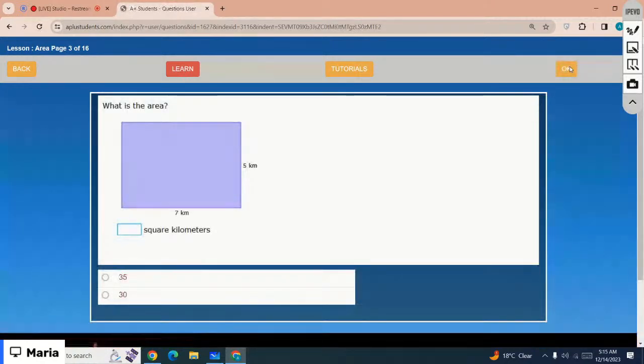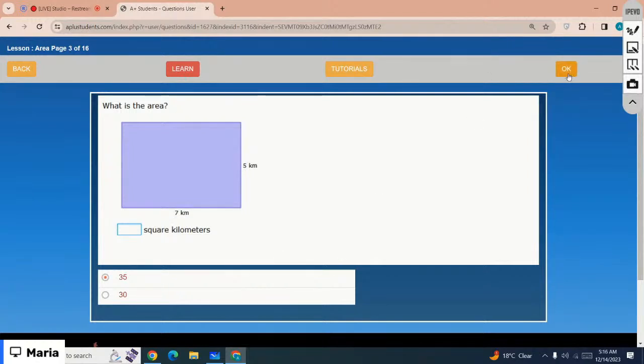What is the area? Which is the correct option? The area of the rectangle is base times height. So which is the correct option? Yes, that is 35.